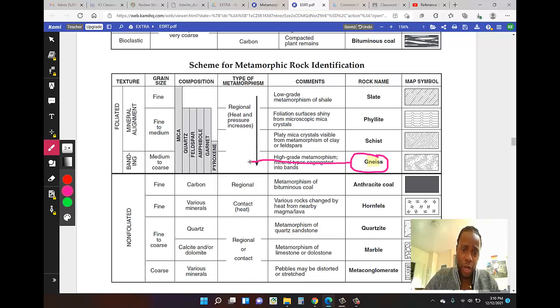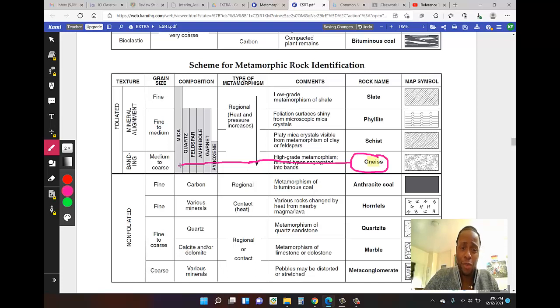You can see that it underwent regional metamorphism. What are the minerals that made up the rock gneiss? If you continue reading, you see that it's made up of pyroxene, garnet, amphibole, feldspar, quartz, and mica. All right, so those are the minerals that make up the rock gneiss.